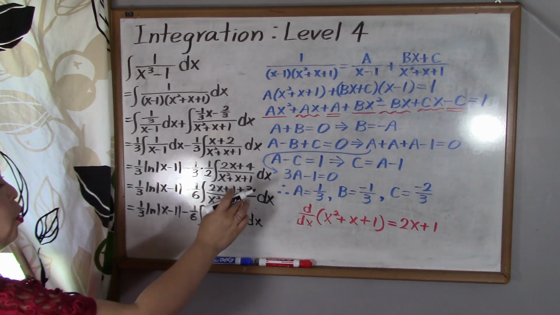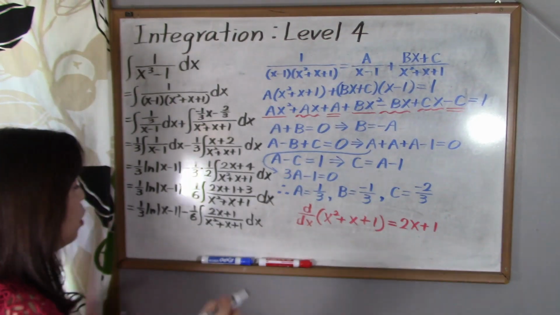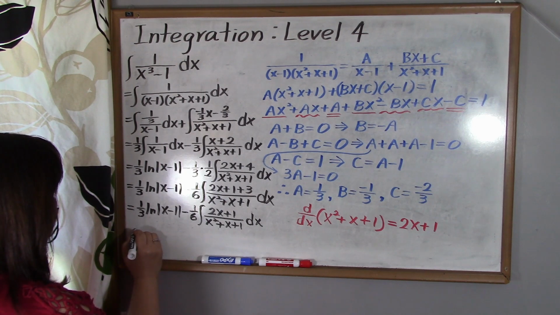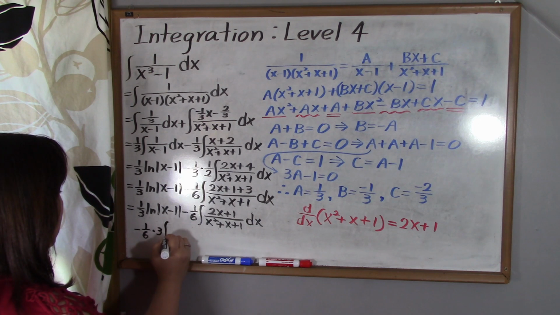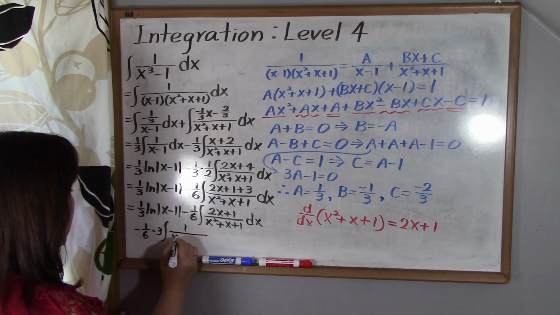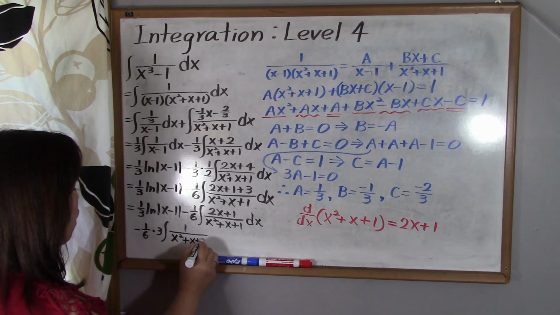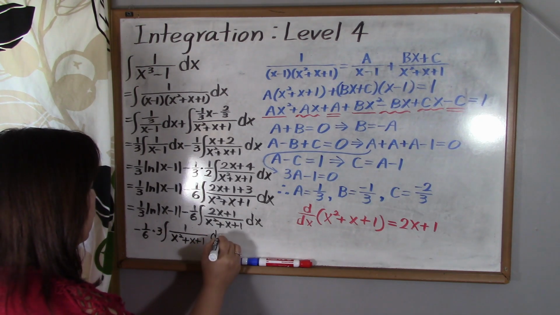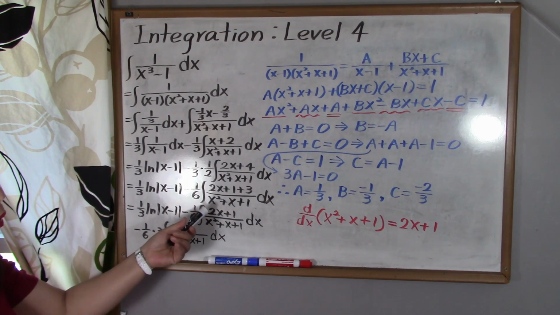So I actually want to bring 3 in front of the integral. So I'm going to rewrite over here, negative 1 over 6 times 3 integral of 1 over x squared plus x plus 1 dx. Okay? So now this is going to be much easier to calculate, especially the integral.